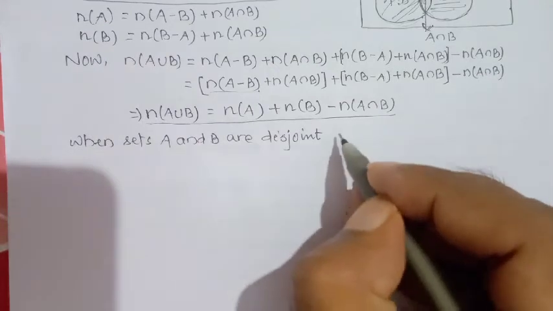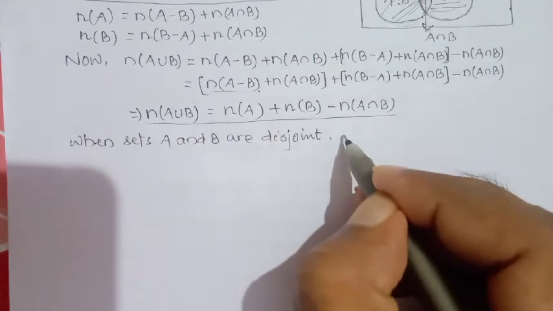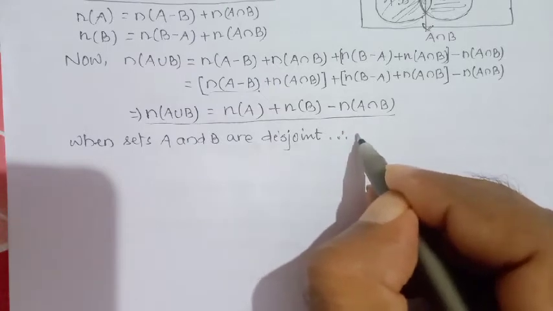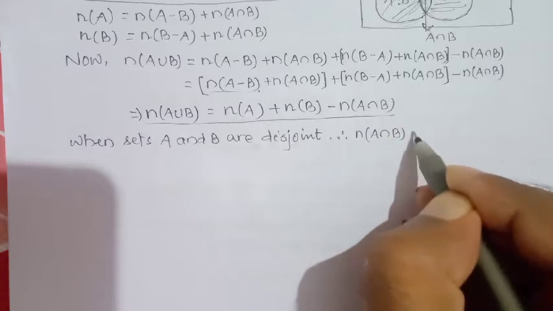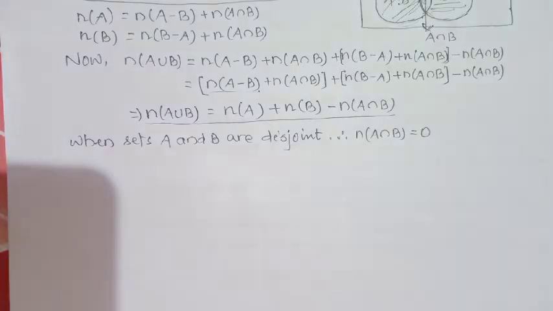So number of elements of A intersection B should equal 0.